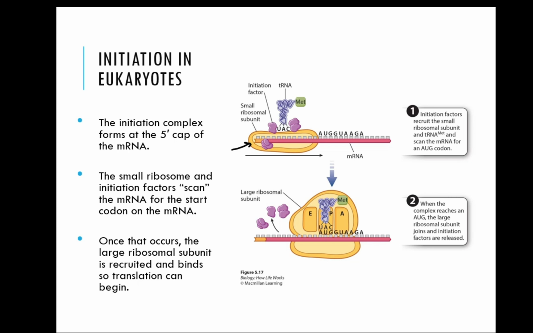Those are initiation factors. Then those initiation factors and the ribosome itself are going to scan down that messenger RNA and find the start site. So they're going to scan for AUG.